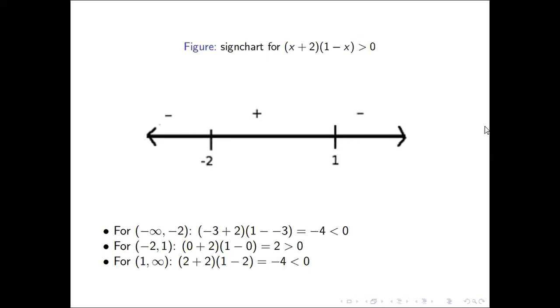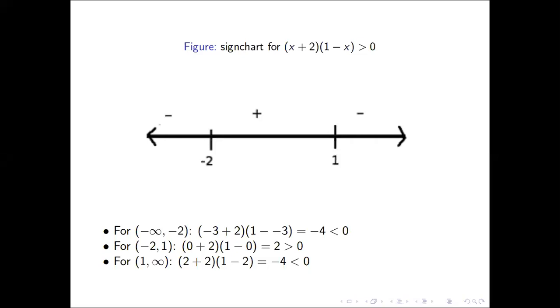Now, by the way, you have to put on top of the critical numbers themselves the value of the function, where the function is either 0 or not defined. If it's 0 at those critical numbers or at a critical number, put 0 on top of that critical number. If it's not defined on that critical number, put ND for not defined.